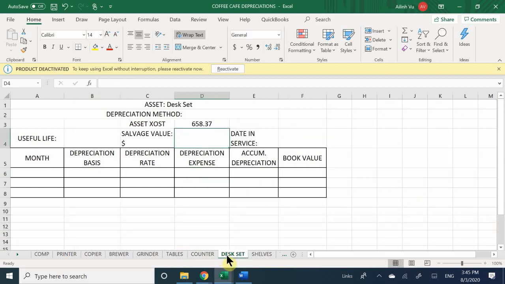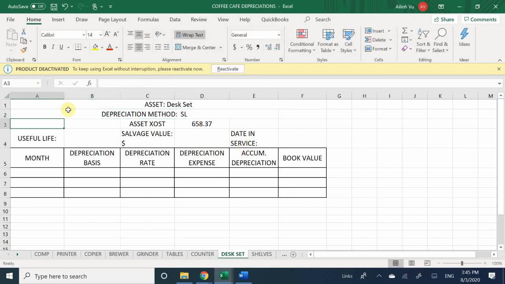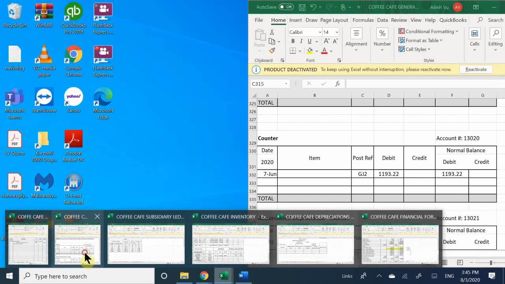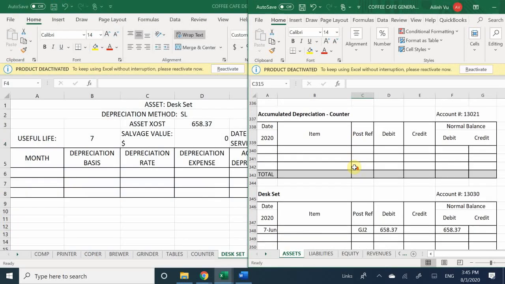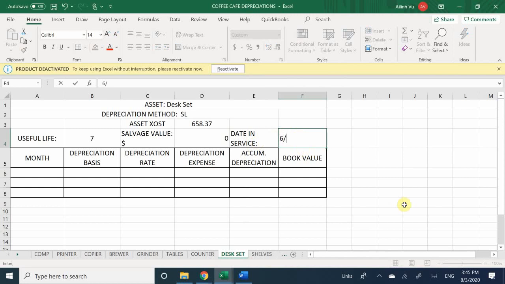Good. And the desk set? Desk set. Almost there, guys. 7 years, 0 salvage. When do we put the desk set into service? 7th of June.